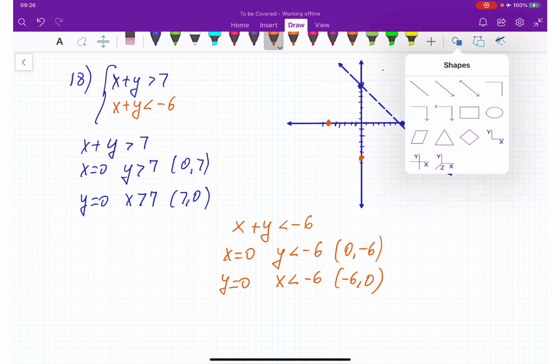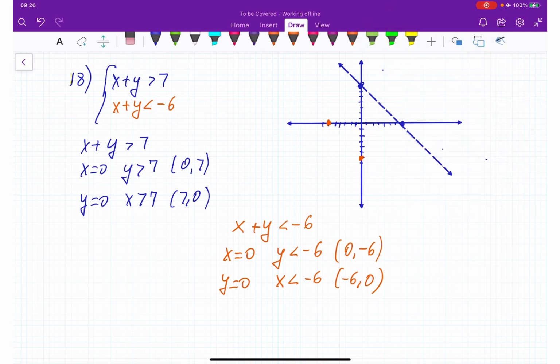Here it is. And the graph is going to go, it's supposed to be parallel. There we go. And let me make it dashes also. All right.